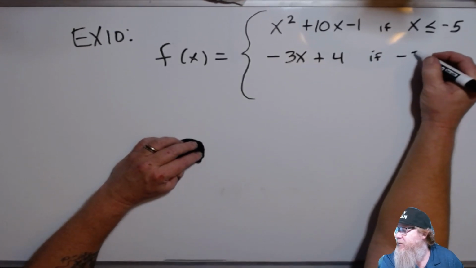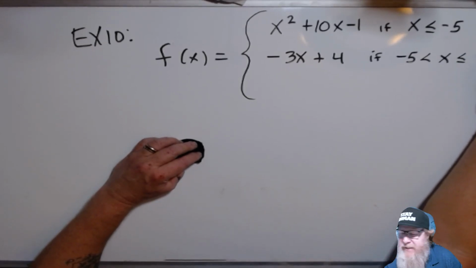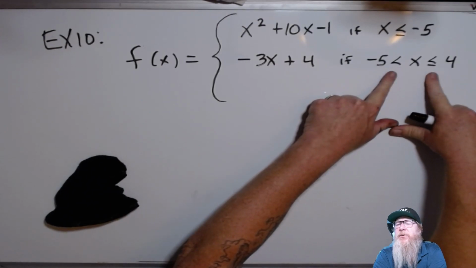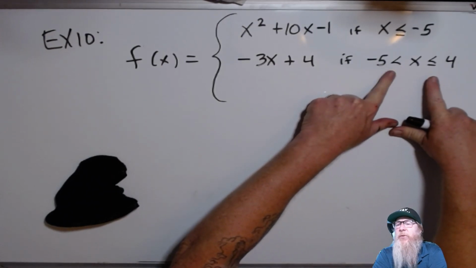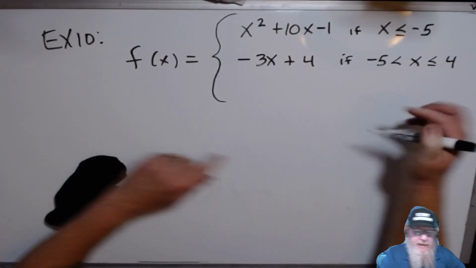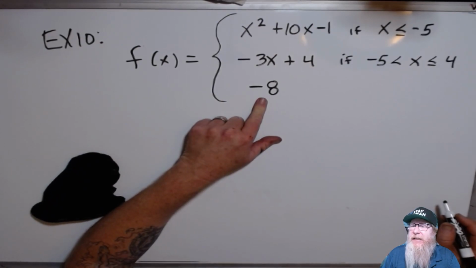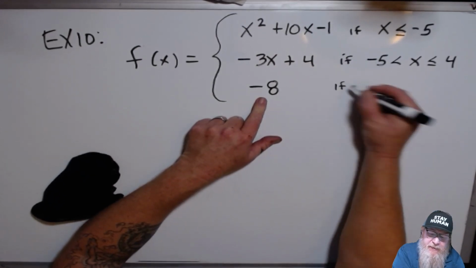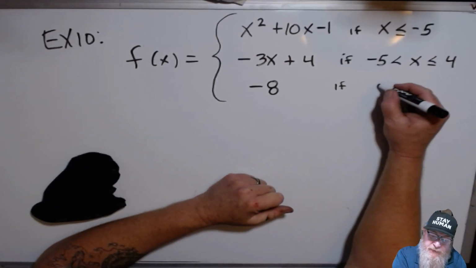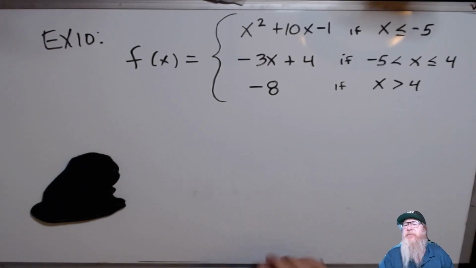This is sometimes called a sandwich inequality, or a sandwich interval, or a half open, half closed interval, so it'll have a hole on one side and a dot on the other. And then this is what we call a horizontal line. It's constant, but instead of being defined just for one particular value, it's defined for every value, in this case bigger than 4.